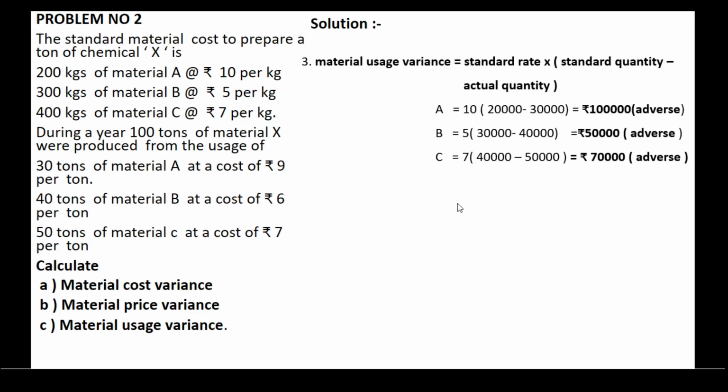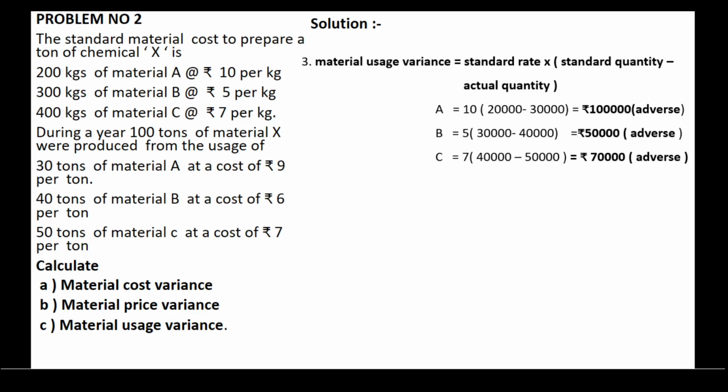For the material C, here the standard rate is rupees 7. The standard quantity is 400 into 100 kgs, 40,000 kgs, and the actual quantity is 50 into 1000 kgs, that is 50,000 kgs. So 7 into 40,000 minus 50,000. So 40,000 minus 50,000 is minus 10,000.